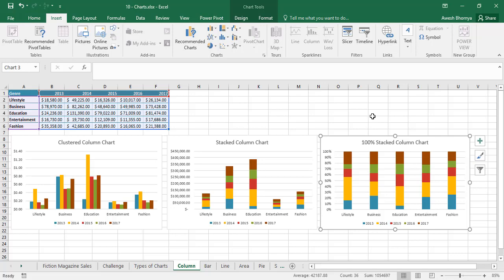I hope you make use of it and try to implement it in your daily reports and in your daily requirements or in your projects, because I am trying to reach out to as many students and employees and people who are working on Excel sheets.